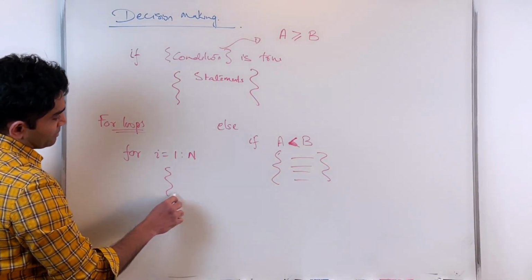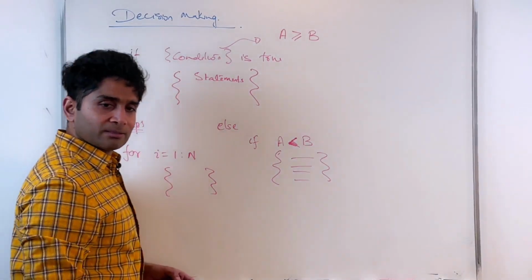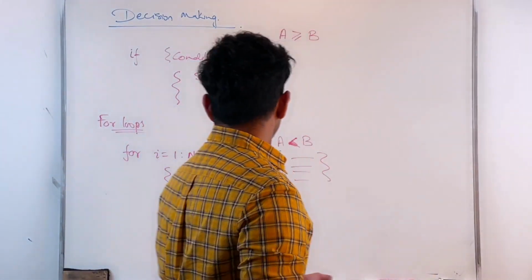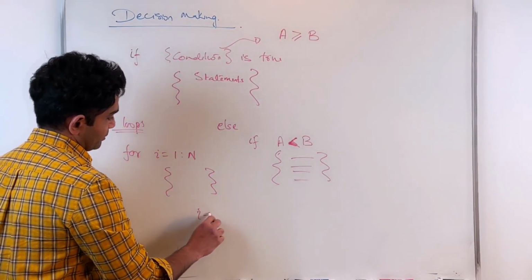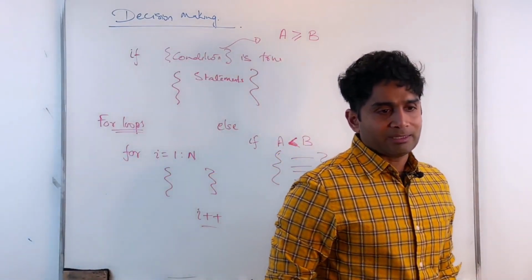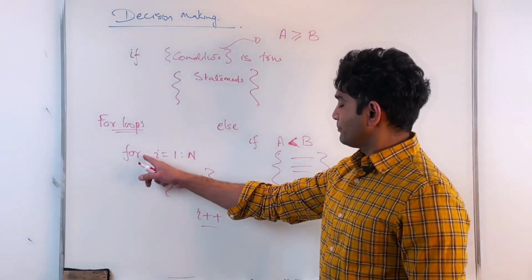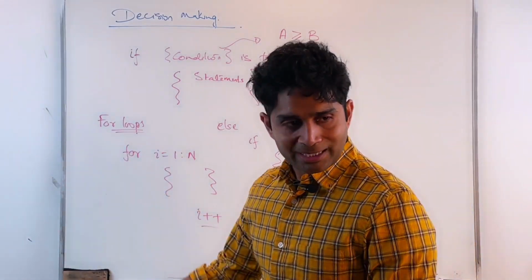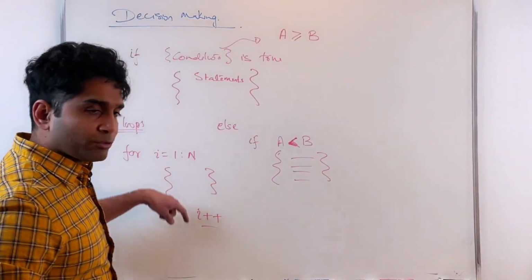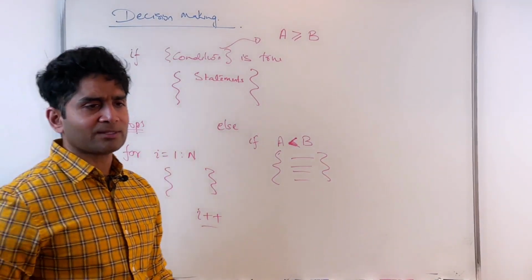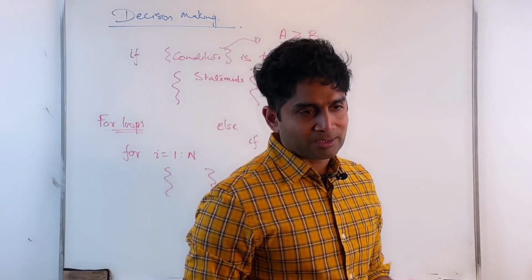You write some statement that you want to repeat n number of times, and then you increment i at the end of the code, and it checks for the value of i. If it's not reached n, then it continues the execution of the code, then increments, checks it back, and so on. So that's how the for loop executes, right?